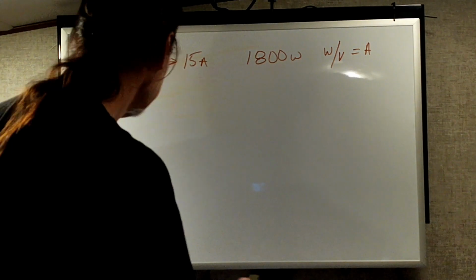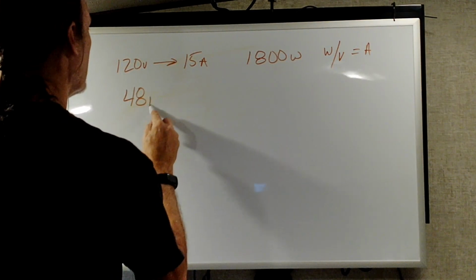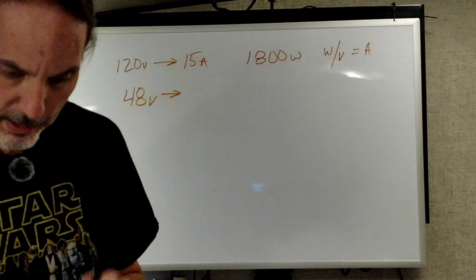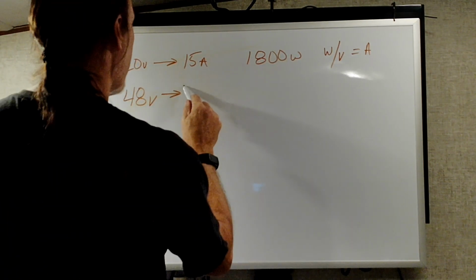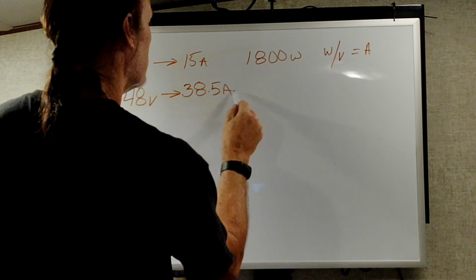Now, with a 48 volt system, you want the same amount of power, 1800 watts, but you're going to need 38.5 amps.